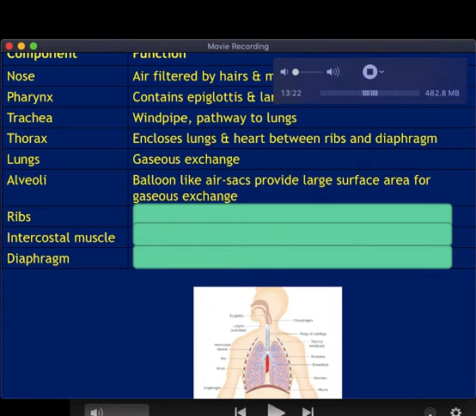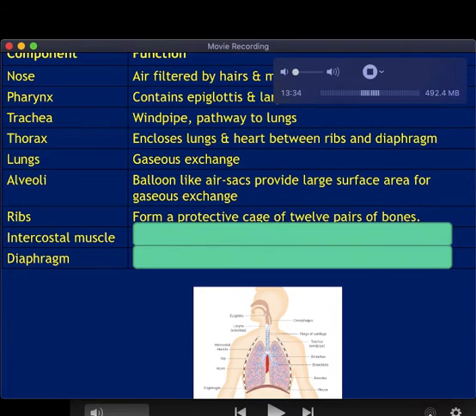And these alveoli, we'll look at them again in a later lesson. So if you can think of grapes, really tightly packed grapes, they're little air sacs, and they have this huge surface area to allow gas exchange to occur. Your ribs are the protective function, and we've talked about ribs when we did our musculoskeletal system. So the names for all the different ribs: true ribs, false ribs, floating ribs.